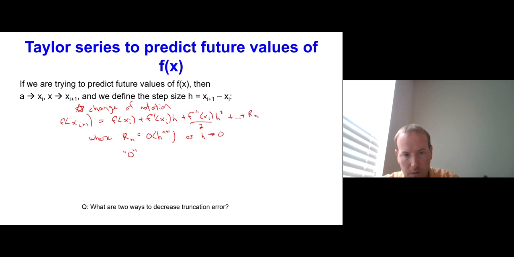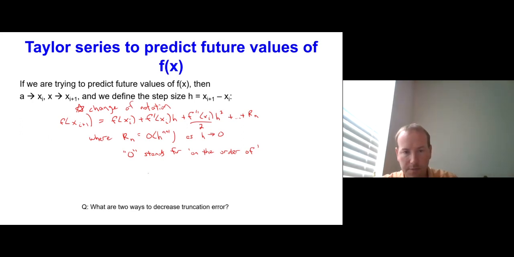This O stands for on the order of. So that means it's just an approximation, just a kind of a rough version of what that number might be.